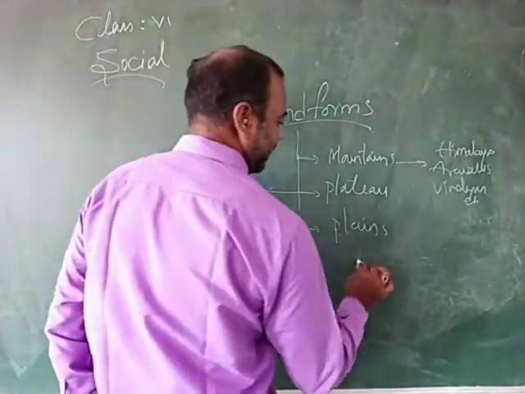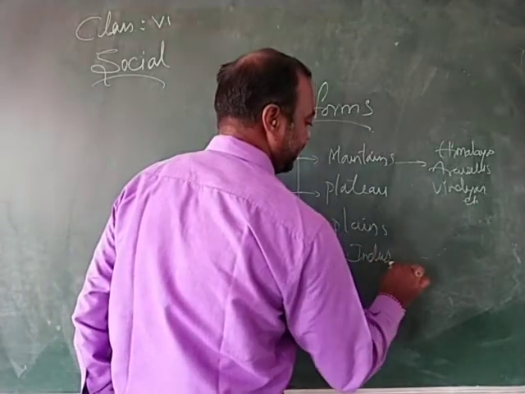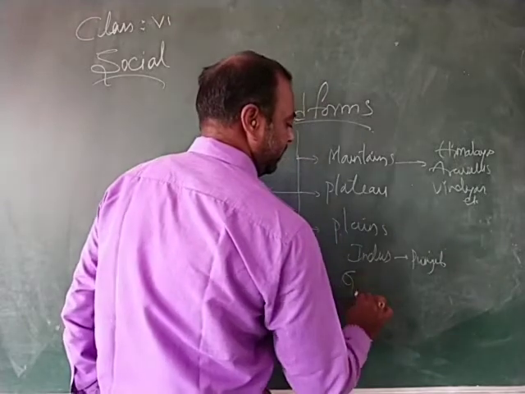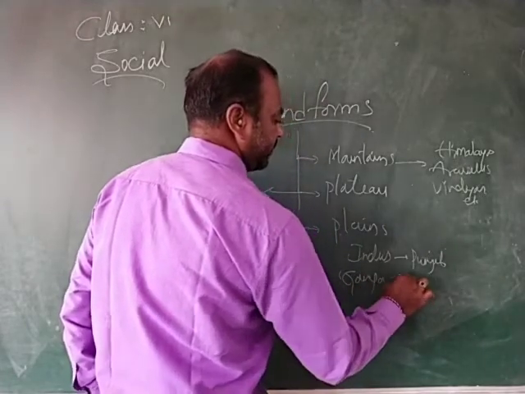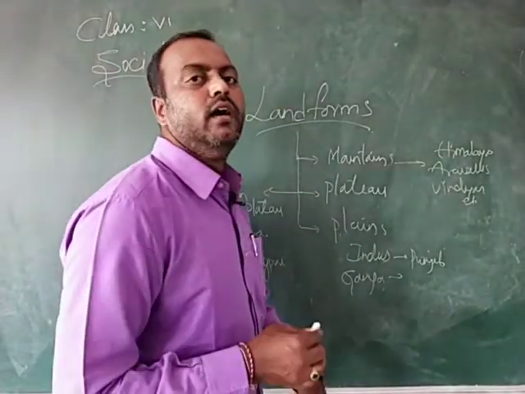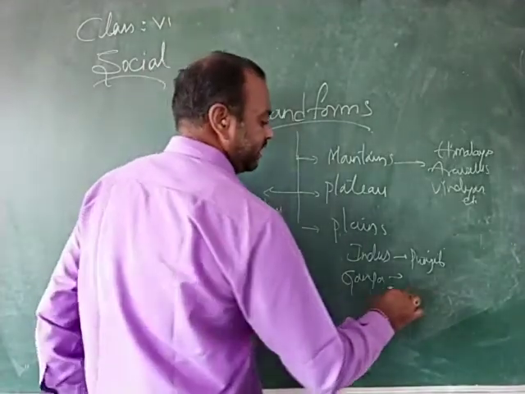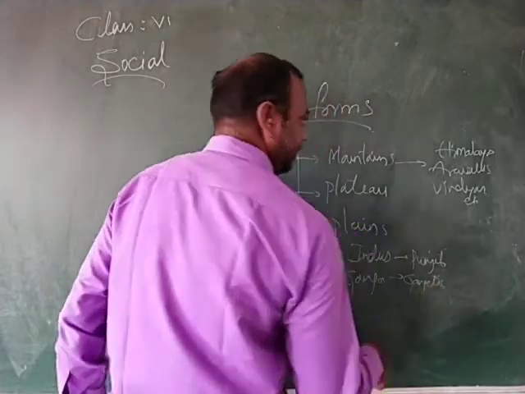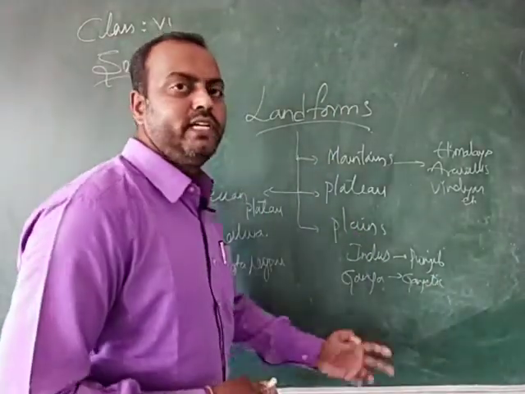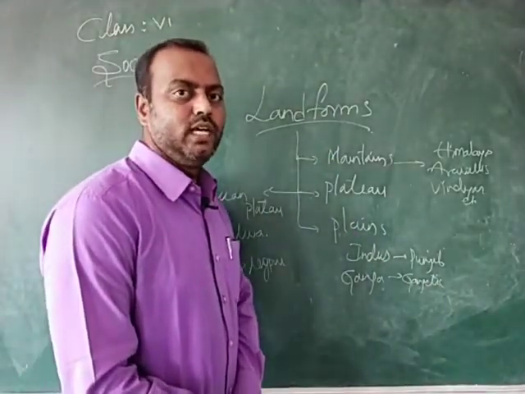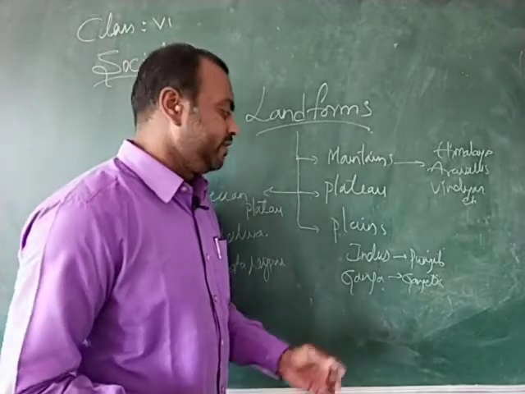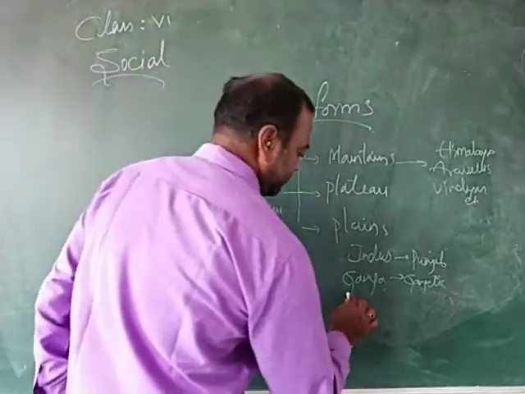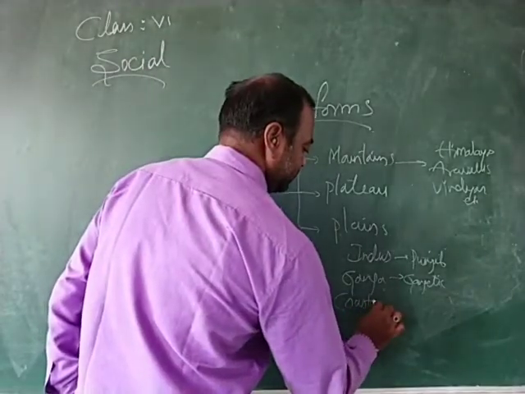The Indus river and its tributaries have created good plains in the area of Punjab and Haryana. Whereas the Ganga, which stretches between Uttar Pradesh, Bihar and Bengal, has created the Gangetic plain. And on the eastern side of India, Godavari and Krishna, which cut through the Telangana Plateau and enter the Bay of Bengal, we also have the eastern coastal plains.